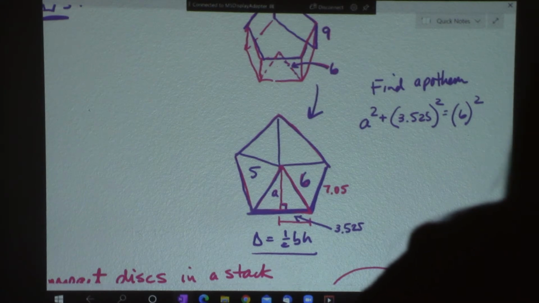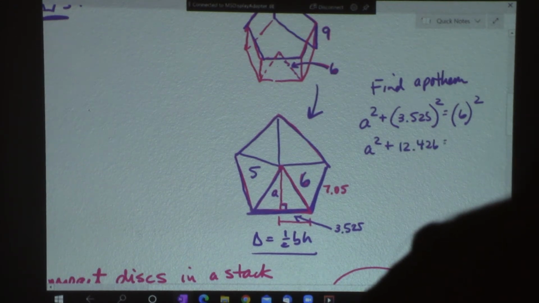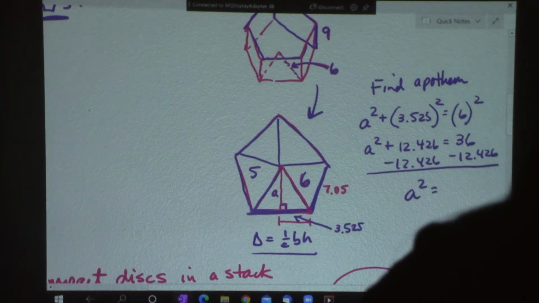Okay, so if I work that out, I get a squared plus, when I square that number, I get 12.426, and I square 6, and now I'll subtract, and I get a squared equals 23.5, about 5.7.